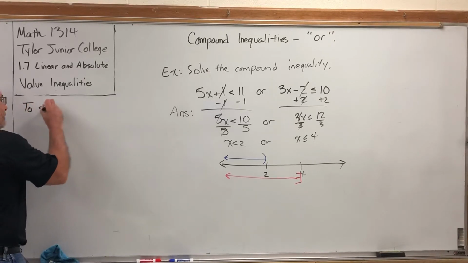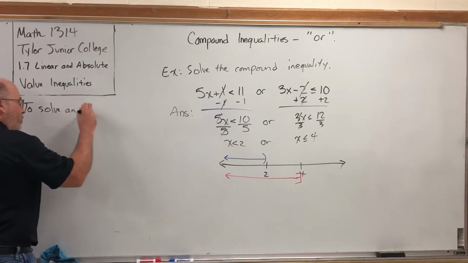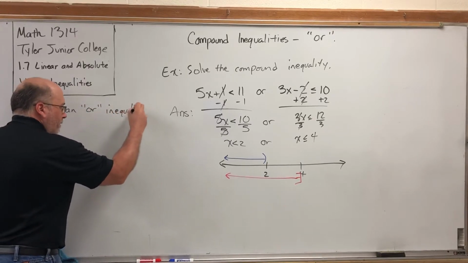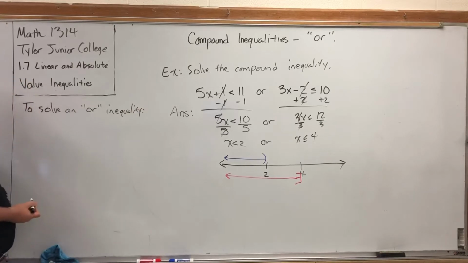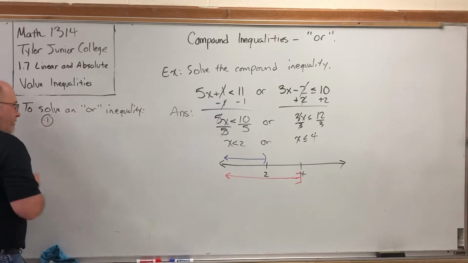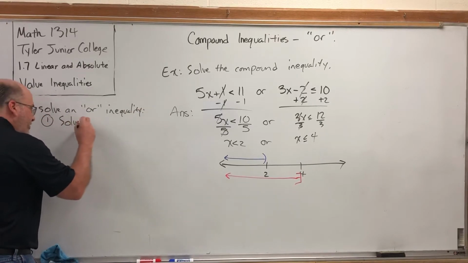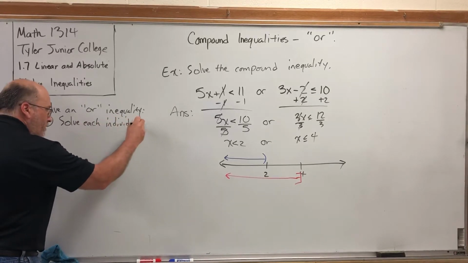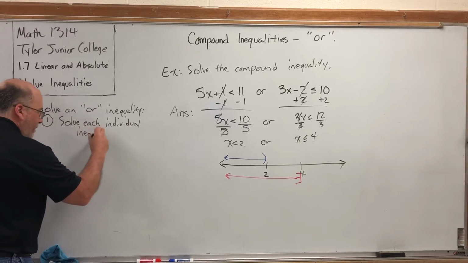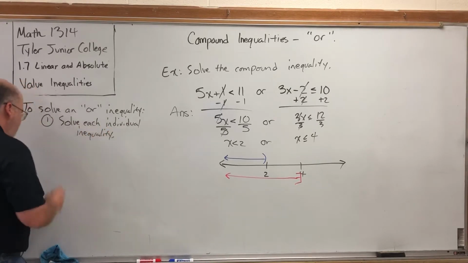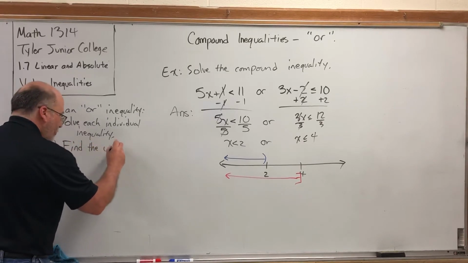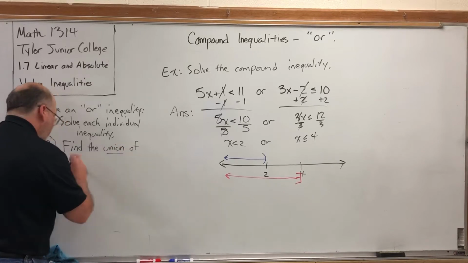To solve an or inequality, you only have to do two moves. Number one, solve each individual inequality. And two, find the union of their solutions. Emphasis on the word union of their solutions.